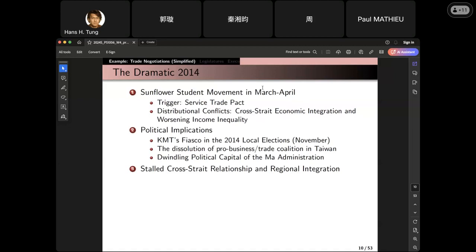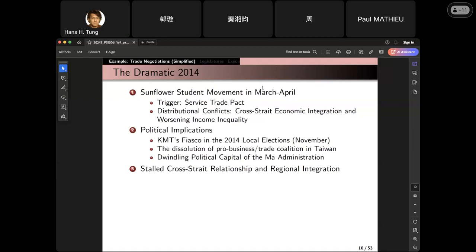And there are also other social groups. They don't like that, because they think this is going to increase the influence of China over Taiwan, and it's not just economically but also politically, and therefore it triggered a lot of reactions, and especially contentious reactions from the civil society here in Taiwan.